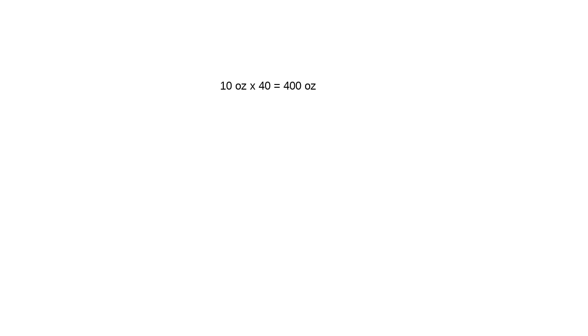So you can take that 400 ounces and divide by your yield percentage.